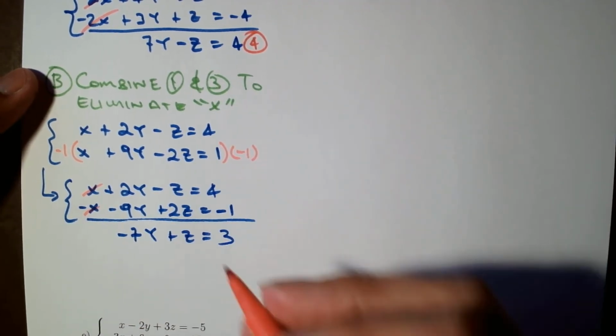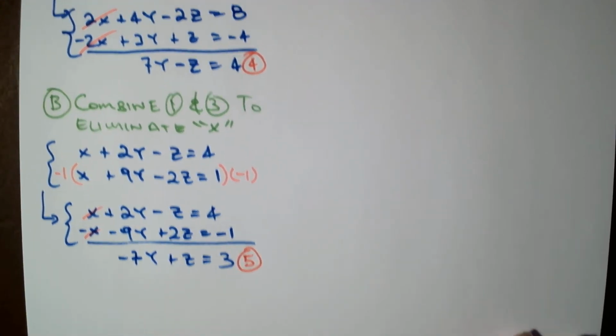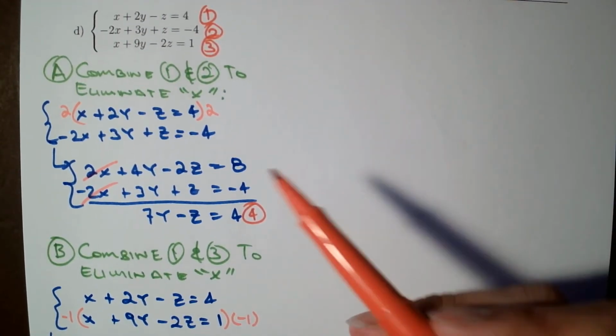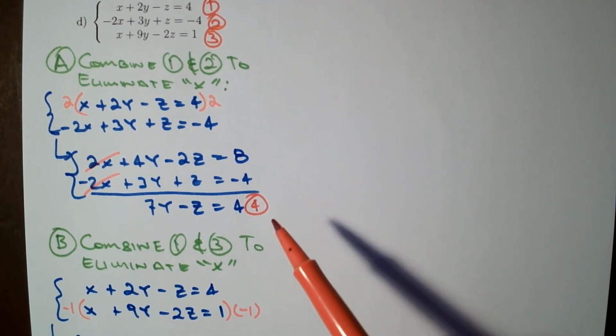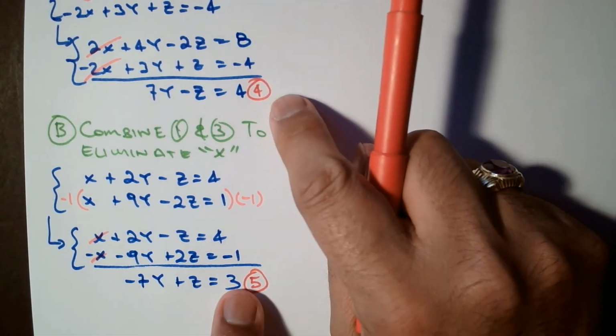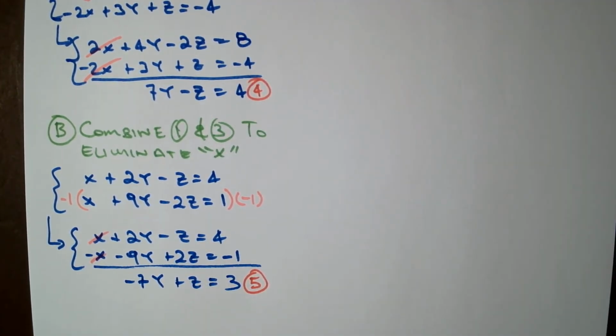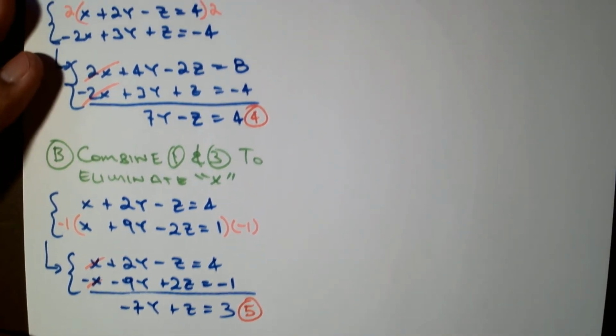Call this equation 5. Now that we did combinations 1 and 2 to eliminate x and 1 with 3 to eliminate x, we obtained two equations that depend on the same two variables.